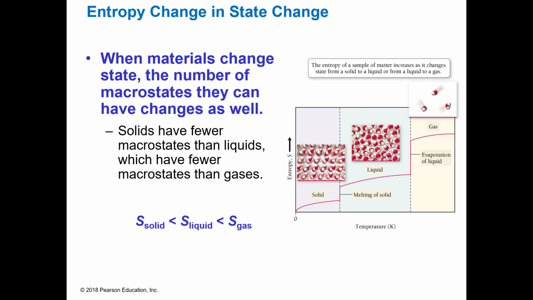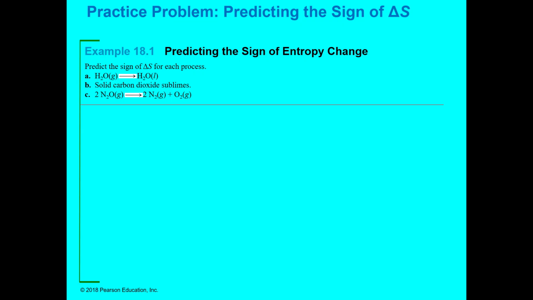So they're not going to be as arranged as they were when they were a solid. So basically what we're saying is that a solid has lower entropy than a liquid, which has lower entropy than a gas. And it's because of spacing and arrangement. And of course, it goes to say that as you're increasing temperature, you're changing from those states, from solid to a liquid to a gas.